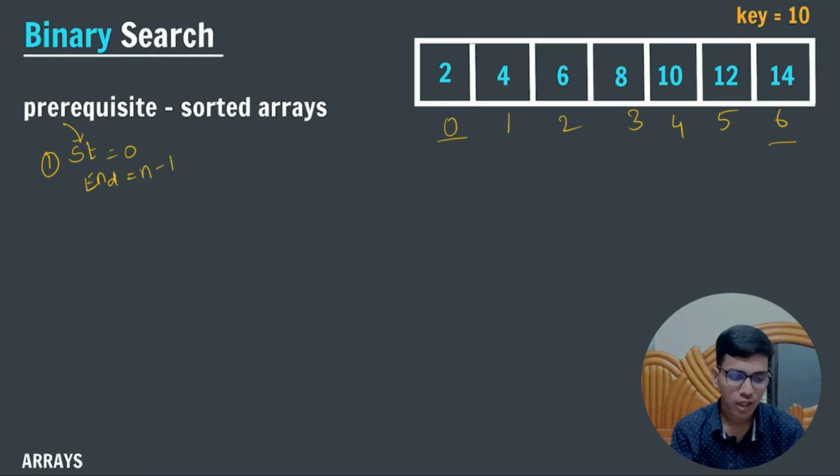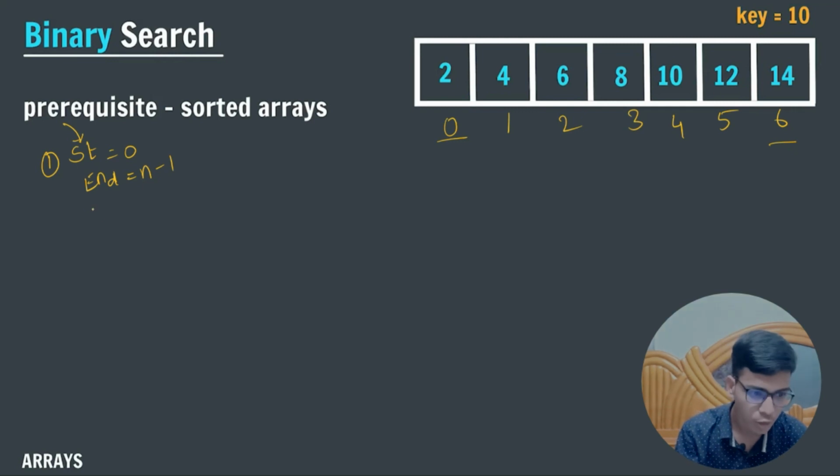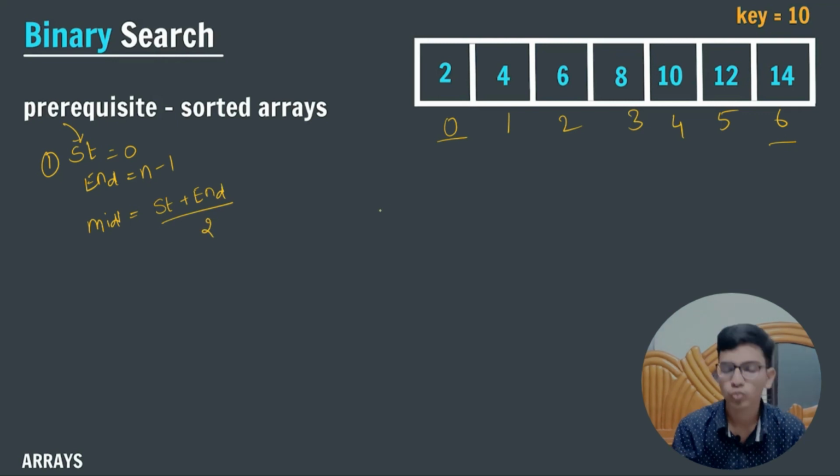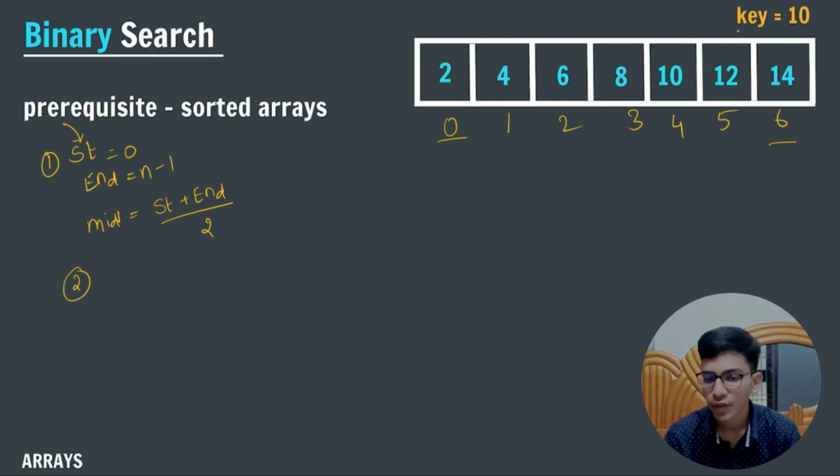So the start variable will hold the starting index, and the end variable will hold the ending index of my array. Now I am going to create a mid variable, which will hold the average of these, that is, start plus end divided by 2, right? This is my first step. And the second step: here the given key is equal to 10 and we have to search for the key.